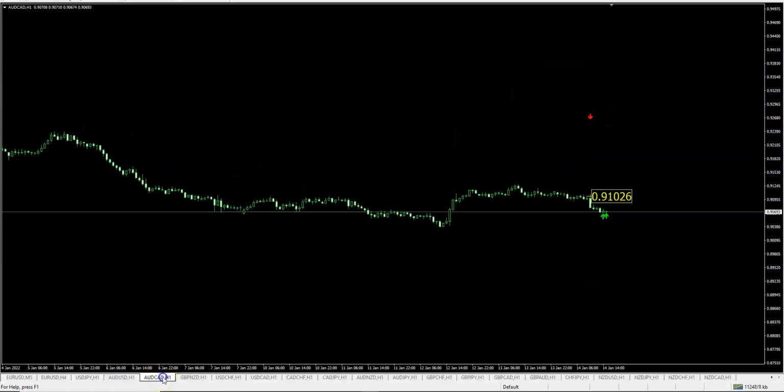Likewise, in other pairs, like this pair, the chart has been opened on its own automatically. So first the sell came, which is with the red arrow, and it came at this level 0.91026. Now it met some small target, and then it gave a reversal.